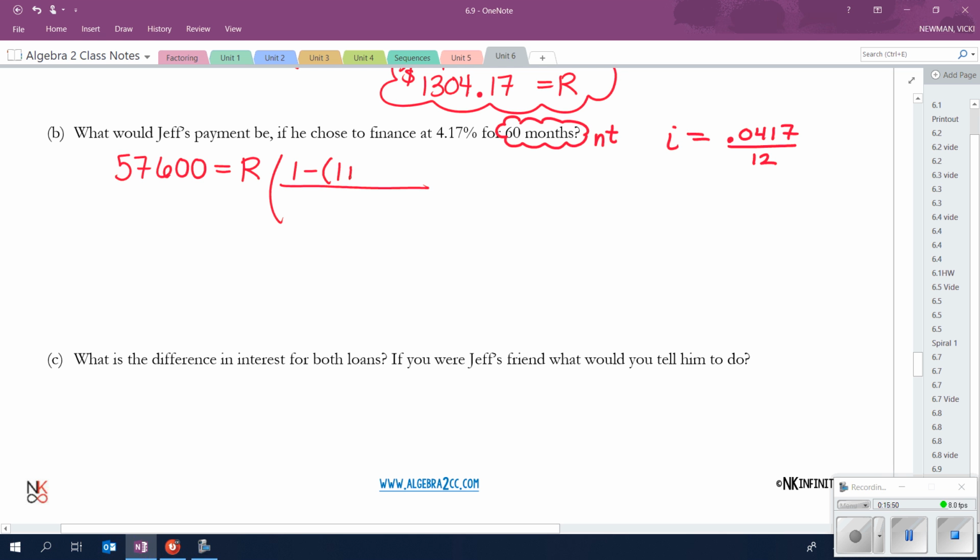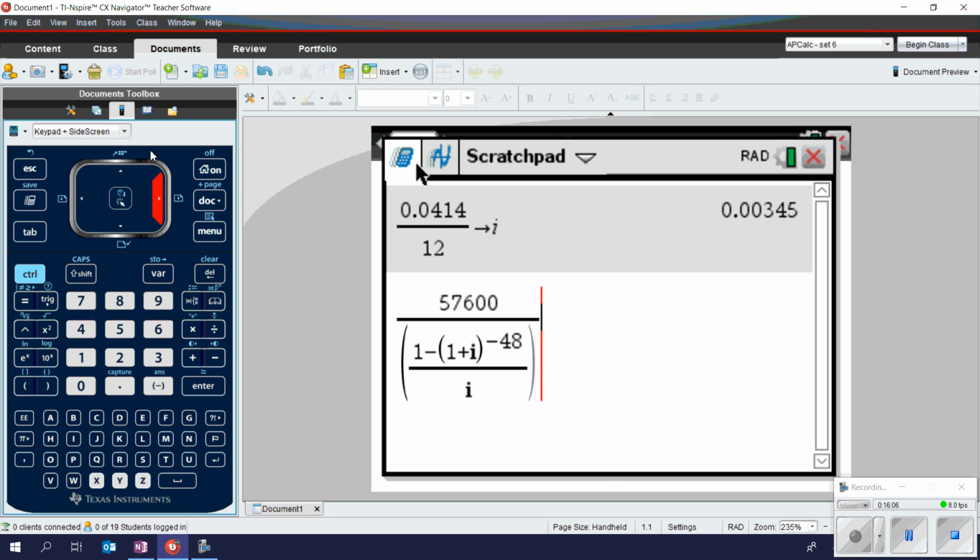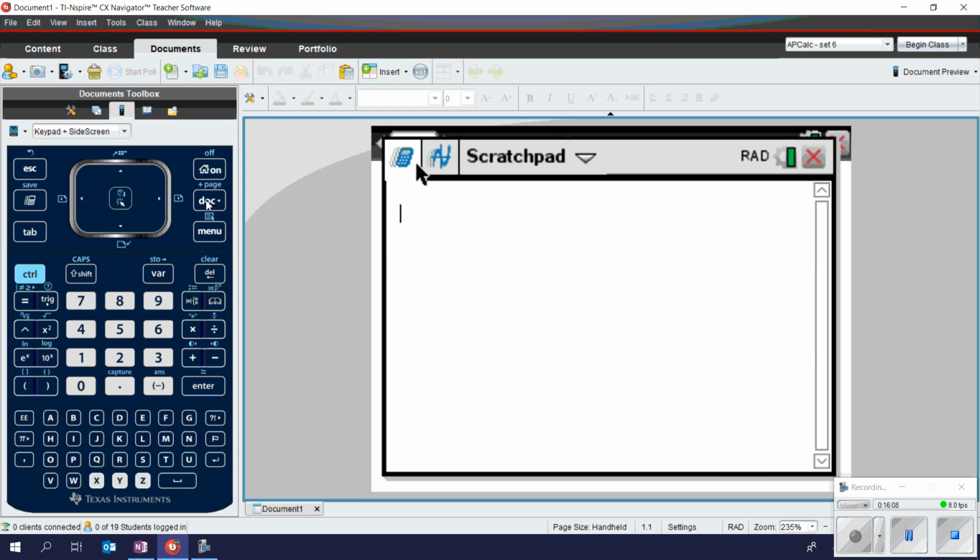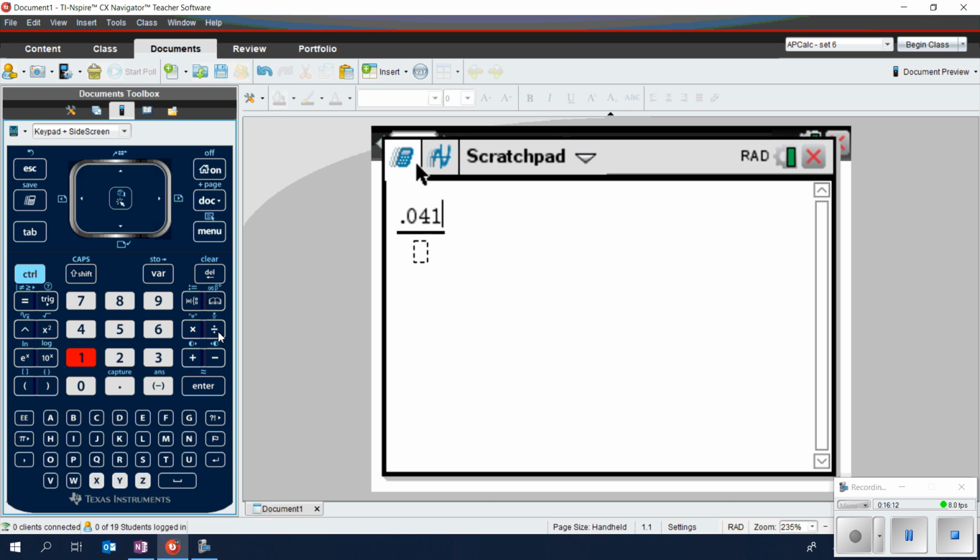1 minus 1 plus I to the negative 60 this time over I, then close the parentheses. So the first thing you need to do is store the value for I, because that's a new one that we have. So I like to clear. That way there's nothing in there to mess me up. And you know you're going to divide it over.